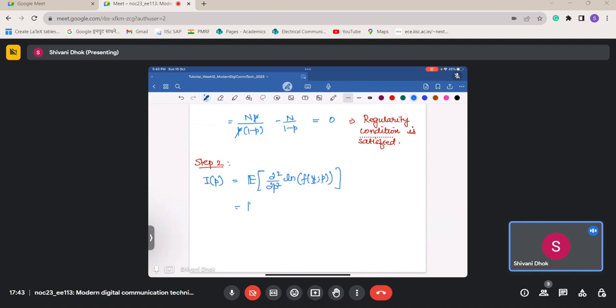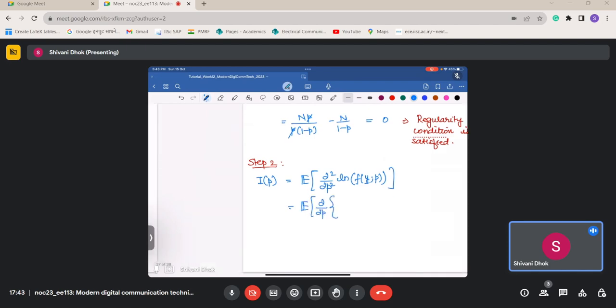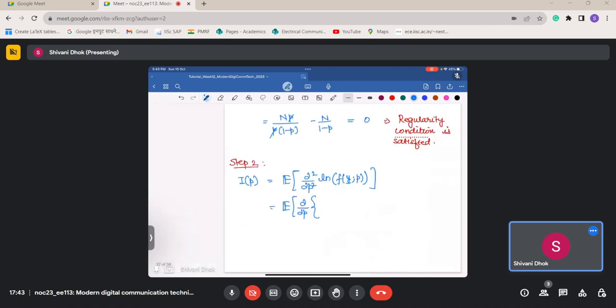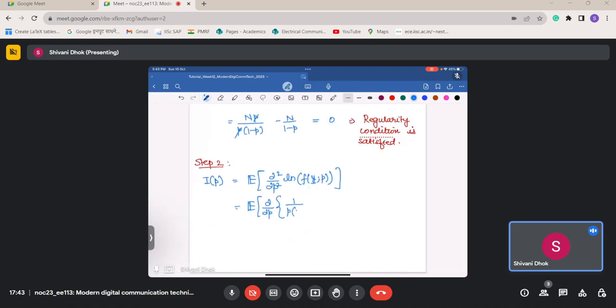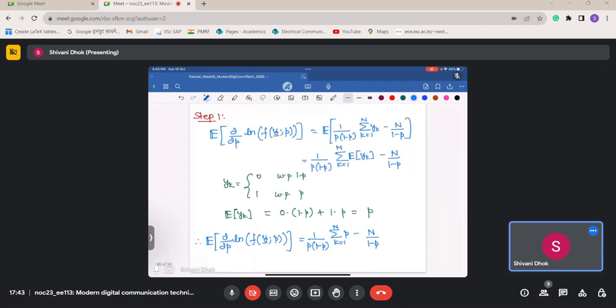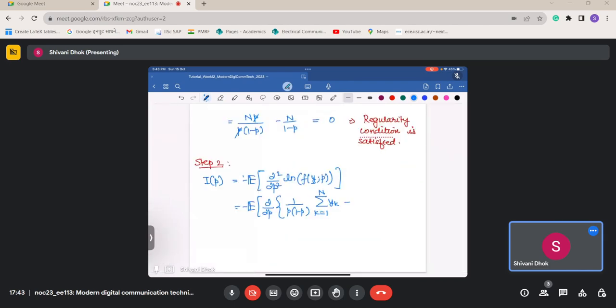So this is equal to expectation of del by del P of your first derivative, which is this term, that is 1 upon P into 1 minus P into summation k running from 1 to capital N y k, minus N upon 1 minus P.